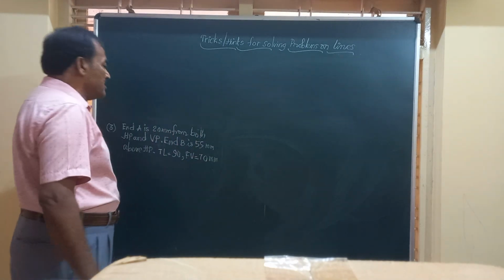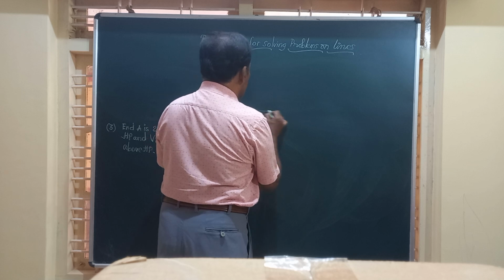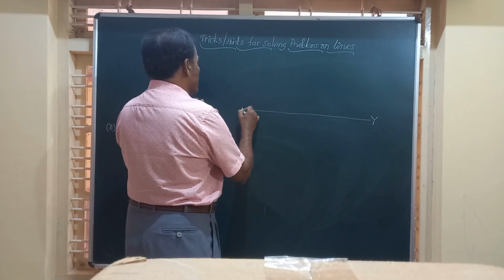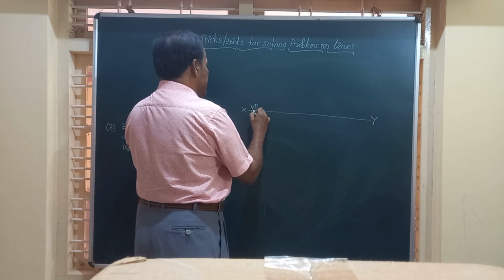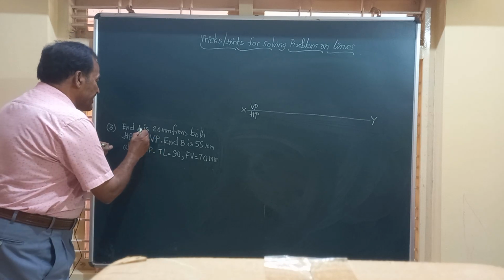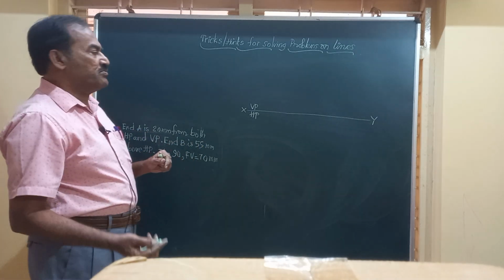Friends, as usual, we will go ahead with marking of the XY line. Then we will mark VP and HP, indicating first angle projection. Let's start with the end A. The end A is 20 mm from both HP and VP.